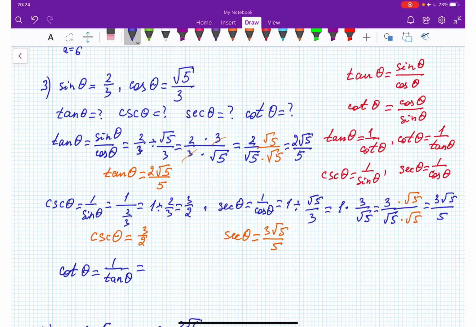Here it is. So therefore, it's going to be 1 divided by 2 square root 5 over 5. So it's going to be 5 over 2 square root 5. So let's rationalize.